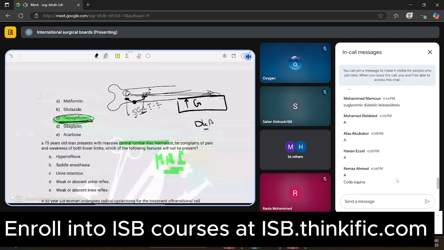So if they are damaged anywhere below L1, the manifestations will be lower motor neuron lesion: hyporeflexia or areflexia, hypotonia, absent Babinski. So option A, hyperreflexia, is a feature of upper motor neuron lesion. So hyperreflexia is not going to happen.